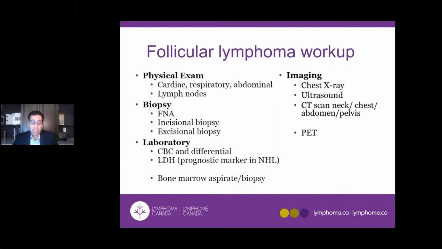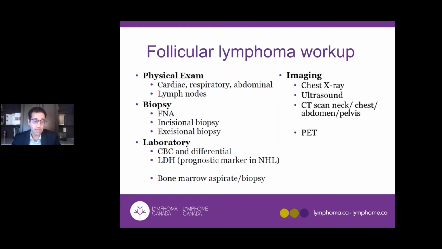We would like to have an excisional biopsy for sure. Incisional biopsy is okay. Fine needle aspiration is still a question mark, but if we have access to core biopsy or excisional biopsy, this will be way better to help our pathologists reach the diagnosis early without any confusion. We do other blood work, like complete blood count and differential.